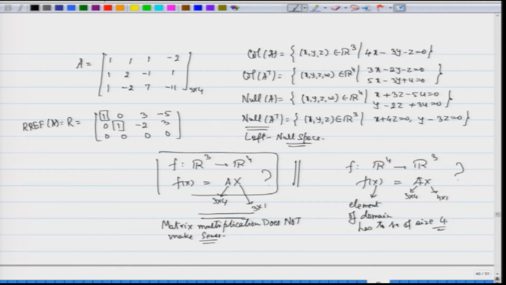I cannot write this, but this is a meaningful object for us. But we can also think of defining it differently. I can define f of x as x transpose A. Now x is 3 cross 1, so I can think of x transpose as 1 cross 3, and A is 3 cross 4, so I get a matrix which is 1 cross 4. So when I want to do calculation using rows, I can define things this way.